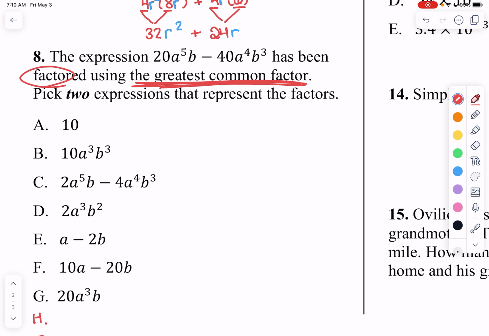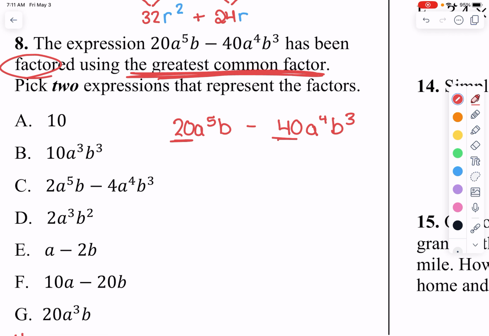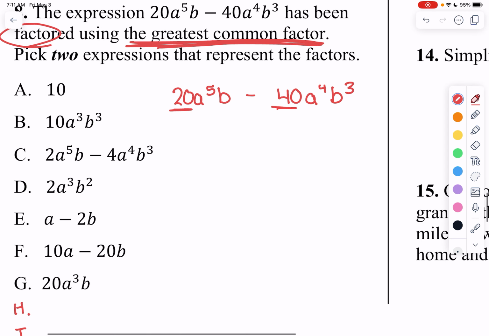The first thing we need to do is find the greatest common factor. I'm just going to write these out here. We start with our coefficients. I think this is the easy part to think about because we have learned about that for a couple years.